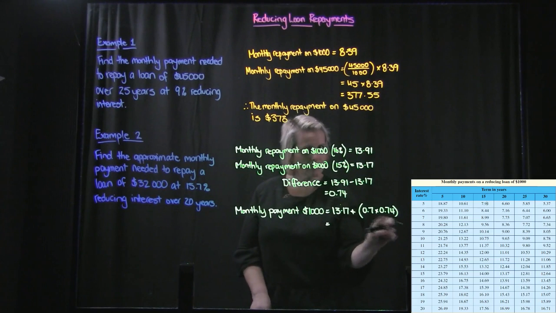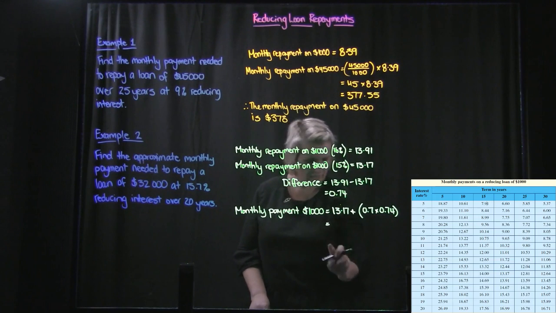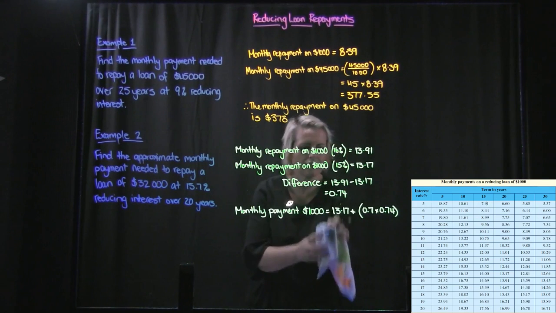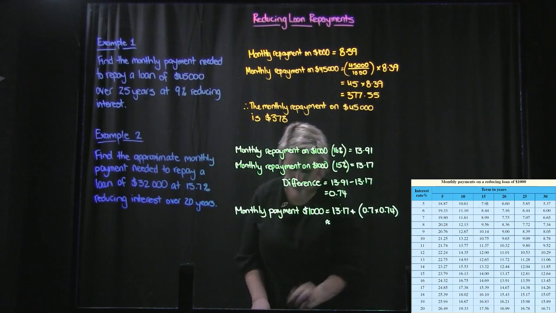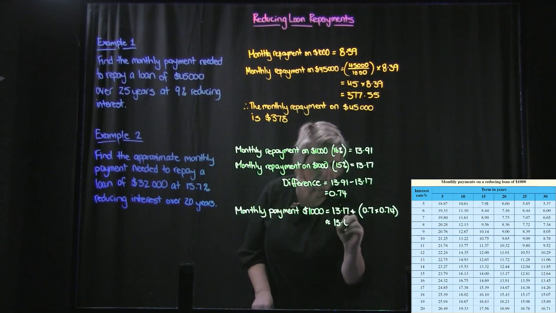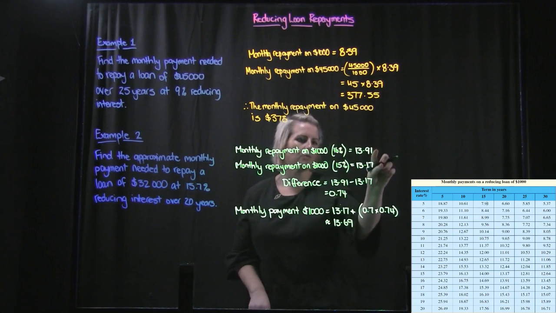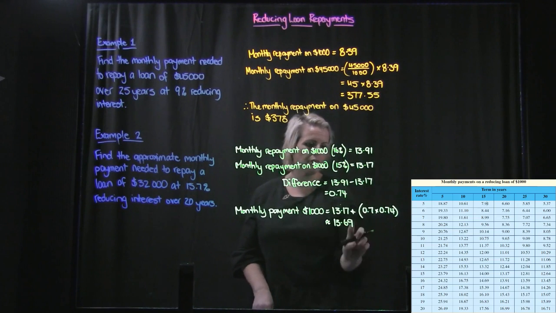So, of course, I do this one first because BIMDAS tells me always do my brackets and my multiply first, and then I add on my 13.17. What I basically end up with, sorry, because I should be using the correct equals, I have around about 13.69. So we can see it's not more than the 16%, but it is more than the 15%.